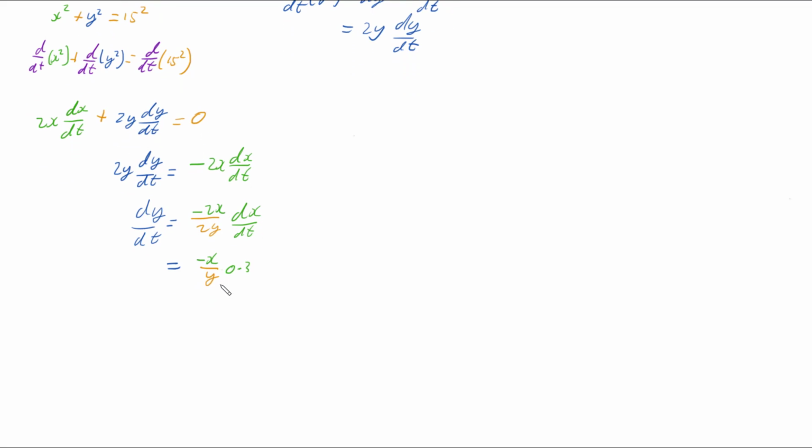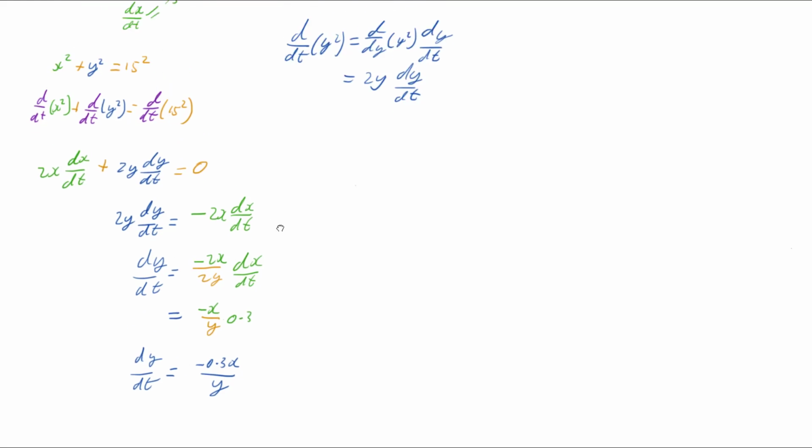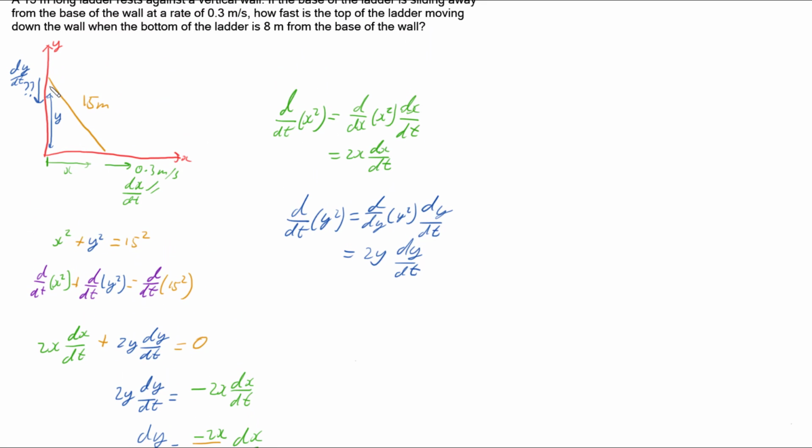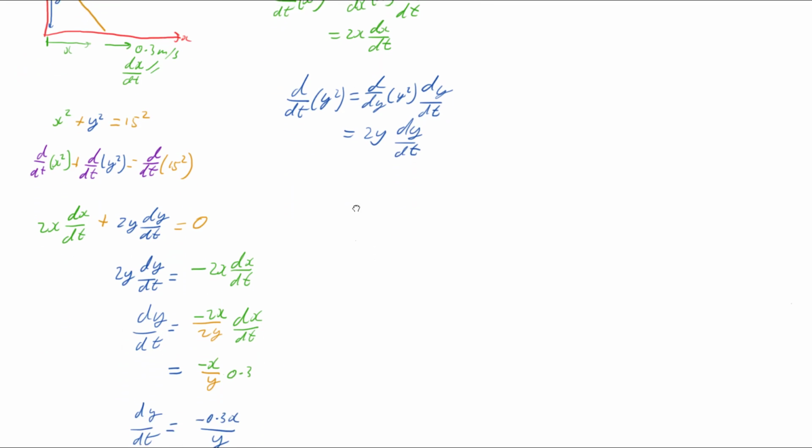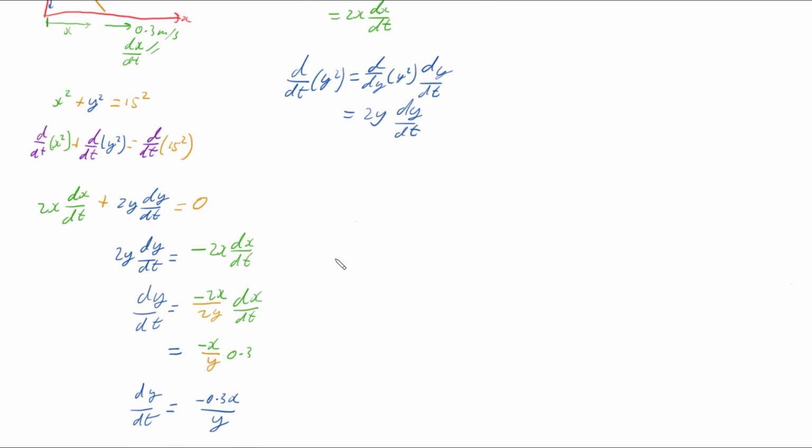And so we are left with dy/dt of negative 0.3x over y. So that's our rule for the rate of change of the height based on the movement away from the wall. And now I just need to look at what happens when we are at x equals 8.